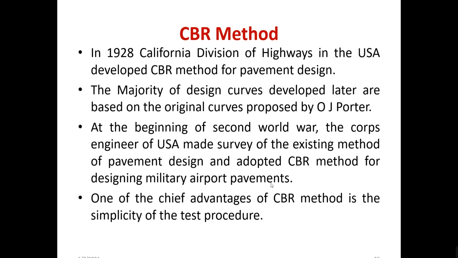So what does the statement say? During the Second World War, as you know, there were a very large number of military vehicles and military operations carried out upon the road pavements. For example, if a national highway is going to be constructed, it has to be built to allow military vehicles to run upon it.